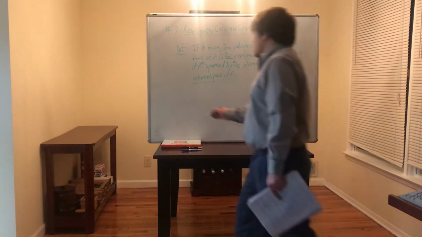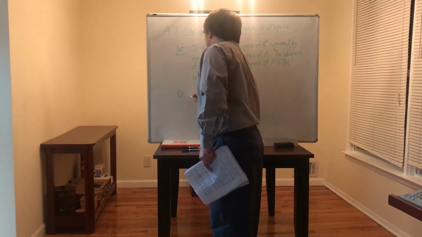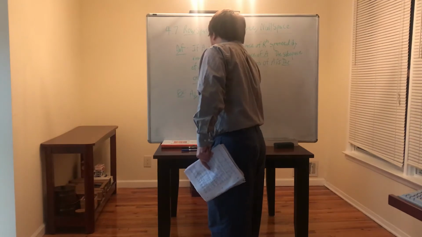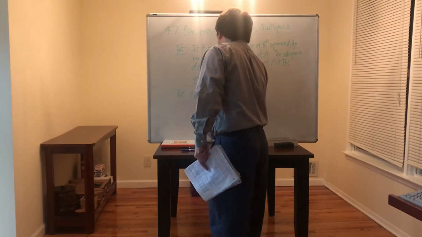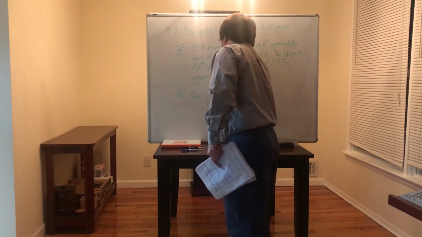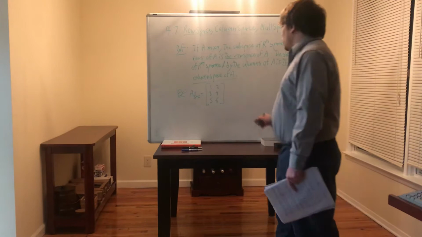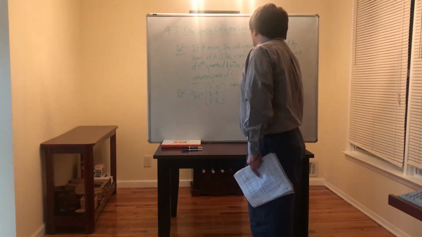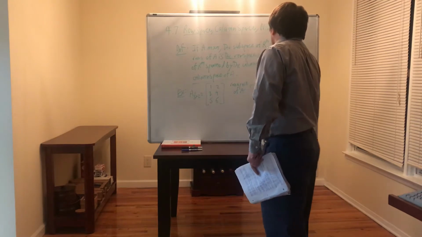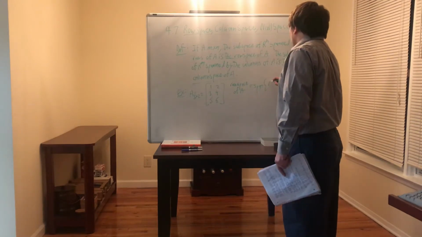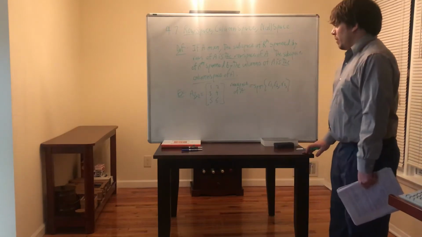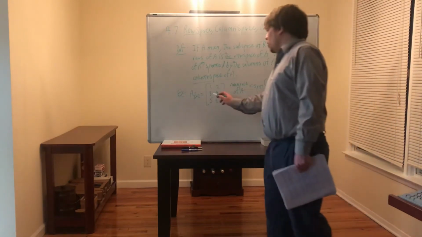So there's only one row space and column space for a given matrix A. As an example of this, again, if you have the same matrix A, which is a 3 by 2 matrix from before, 1, 2, 3, 4, 5, 6, then the row space of A is going to equal the span of the row vectors of that matrix. So it's the span of R1, R2, and R3.